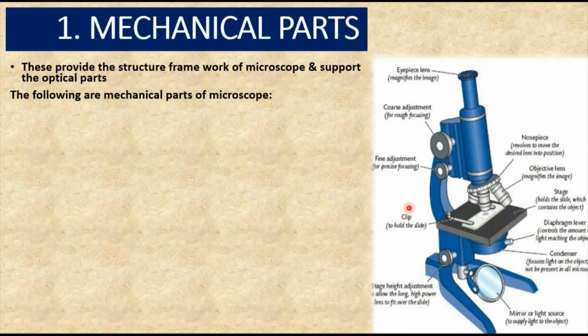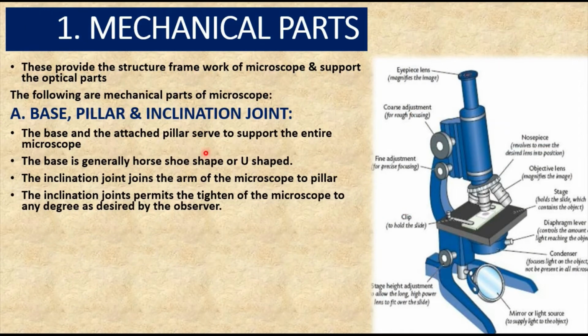Coming to the first type, that is the base, pillar, and inclination joint. The base and the attached pillar serve to support the entire microscope. The whole microscope is held and attached to the base, and this base can be a horseshoe shape or U shape. Here it is a U shape.